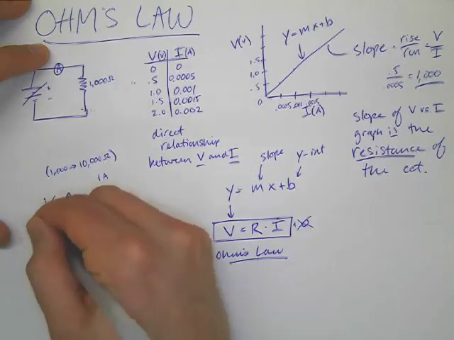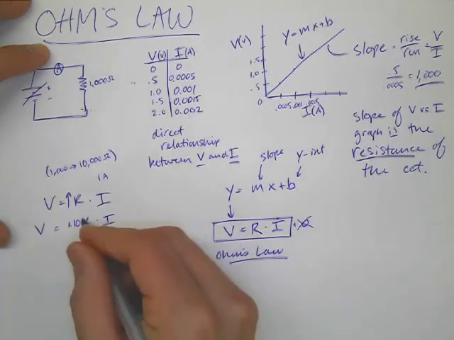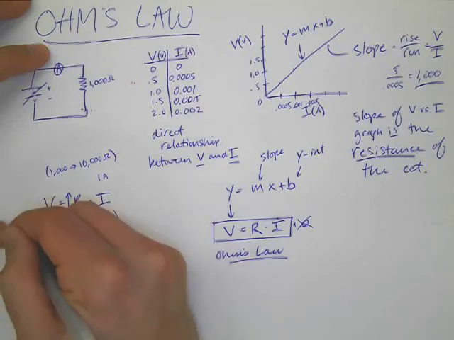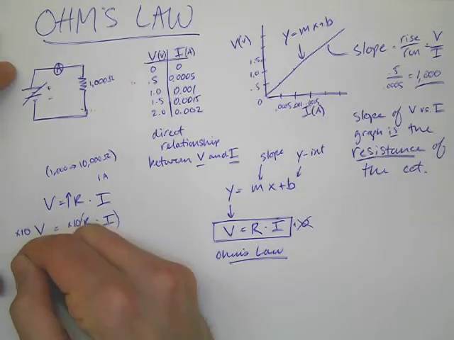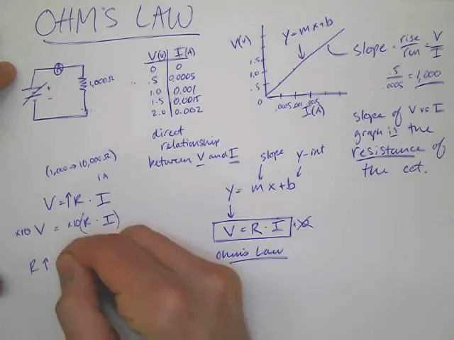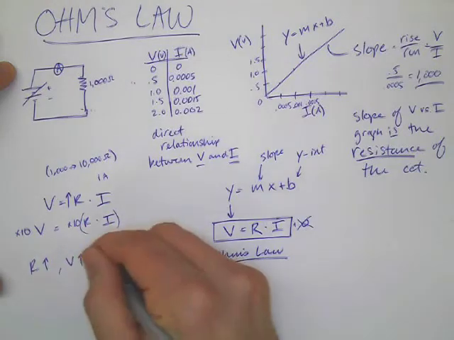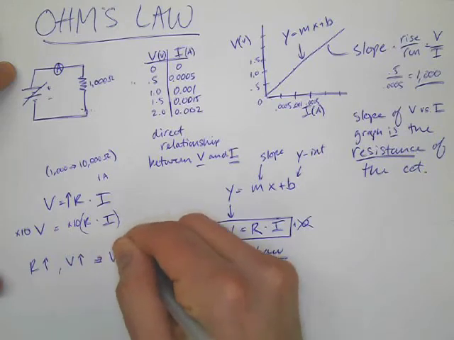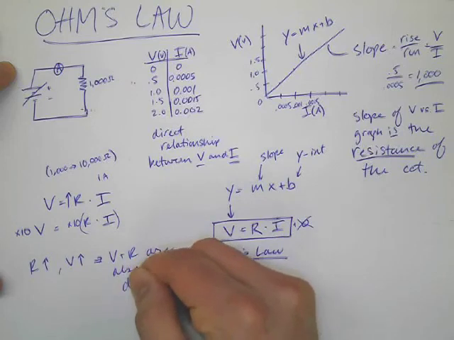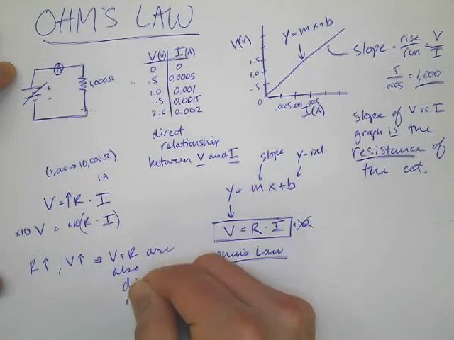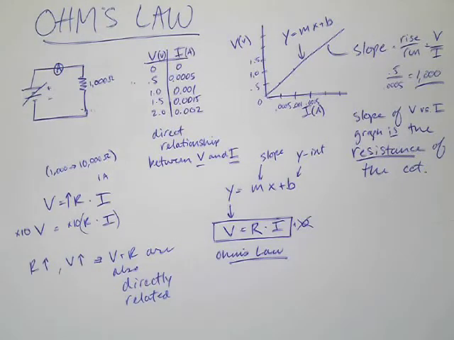If I've increased this whole side by 10, I would have to apply 10 times as much energy or voltage into the circuit. So as I increase resistance, I would have to increase the voltage. Therefore, V and R are also directly related. So the more resistance in my circuit, if I want to get the same amount of flow, I've got to apply more voltage. That should make sense conceptually.